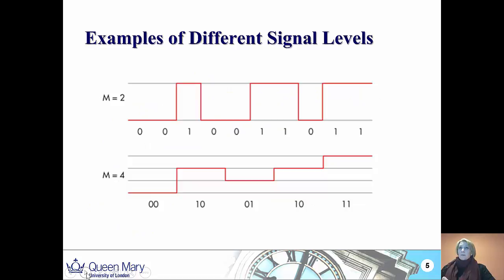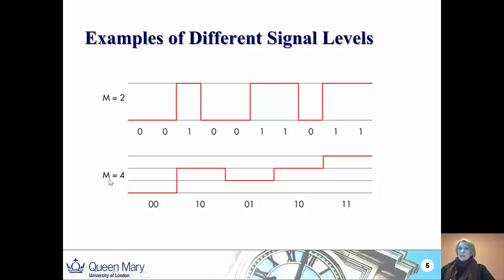To contextualize what we mean when we talk about different signal levels, in the top figure we have a signal which is communicated using two signal levels. We have our 0 voltage, which is representative of a binary 0, and then we have our increase in voltage to represent a binary 1, and we're using our two signal levels to communicate the two different bits of information which can be sent across the channel.